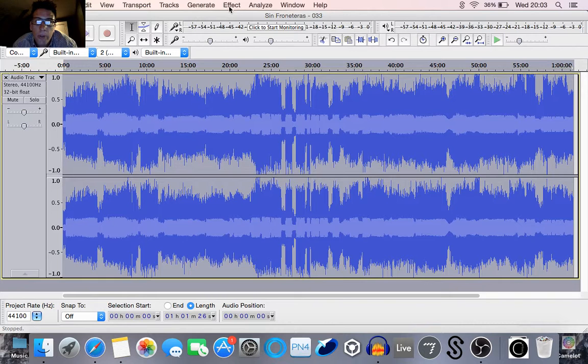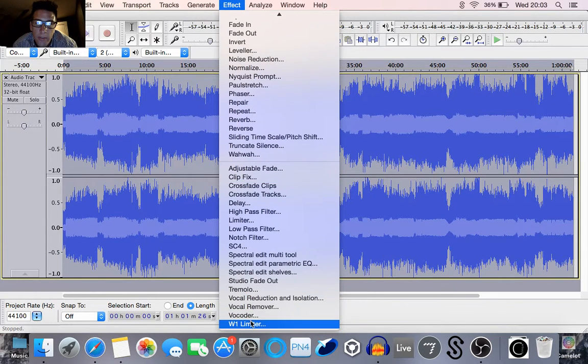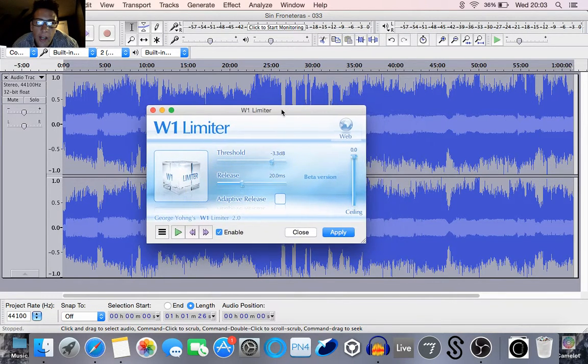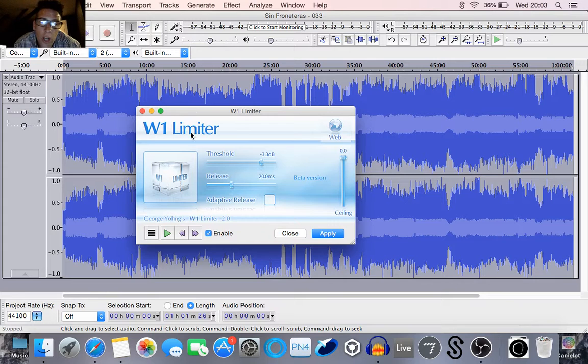So now what we're going to do is go to my favorite little tool. I actually use this in productions as well. It's really good. It's this thing called the George Young W1 limiter. It's free. It's essentially a carbon copy of the Waves, I don't know whether it's L1 or L2 Ultra Maximizer.